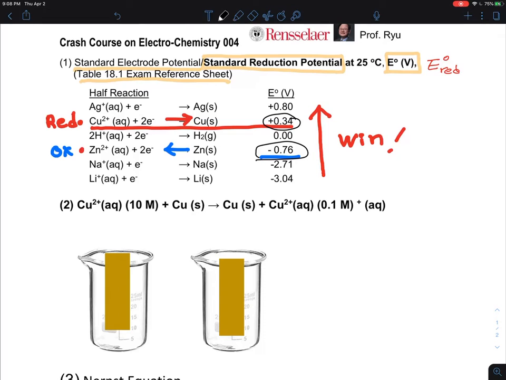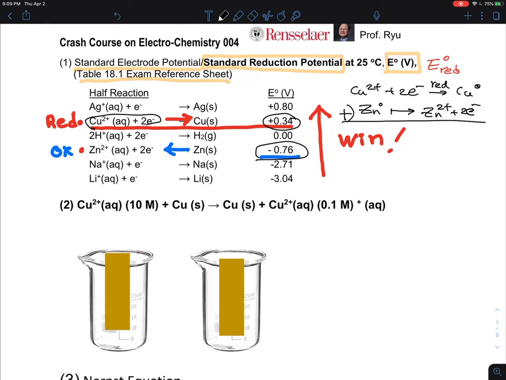So this reaction, I'm going to write as it is. It's good for you to remember to write Cu2+ plus 2 electrons. They are the one that keeps it as it is, which is a reduction. And then the zinc will happen the other way. Zinc will be oxidized by losing 2 electrons and generating Zn2+.